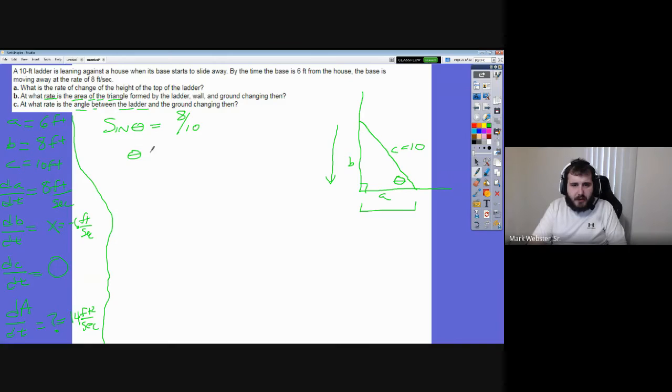So sine inverse of, let's see what that is in our handy dandy calculator. So if they did this to you, it would have to be during a calculator section, because we can't find angles like this by hand.